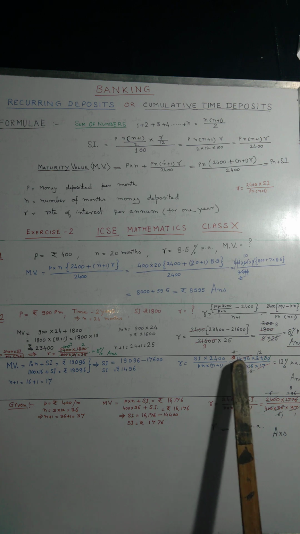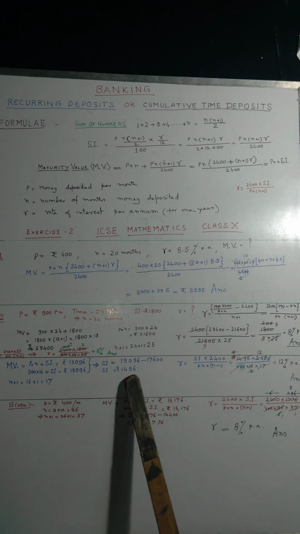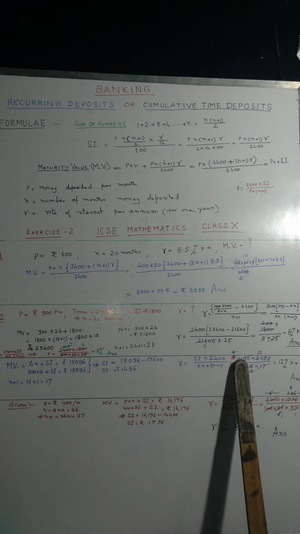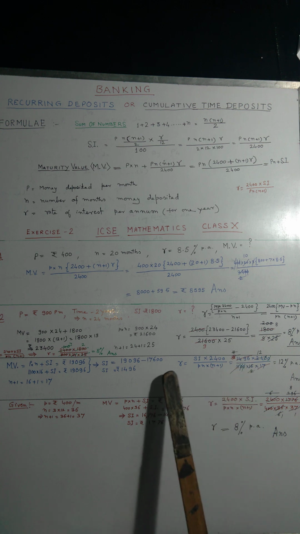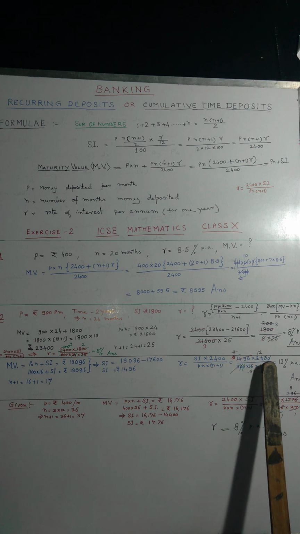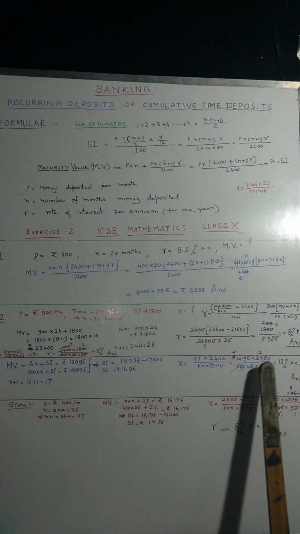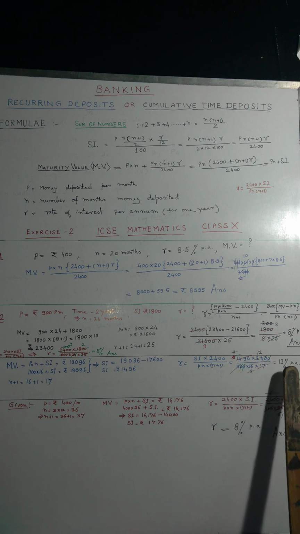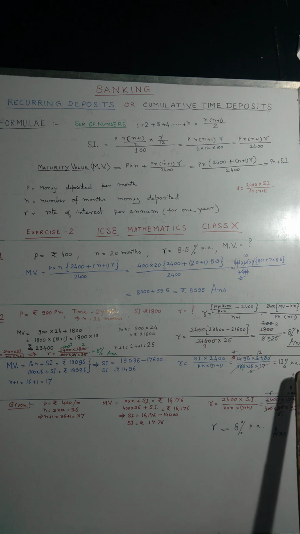In the numerator, SI is 1,496. And now you should write down 2,400 and just solve it. You will get the answer 12% per annum. This will be the answer.